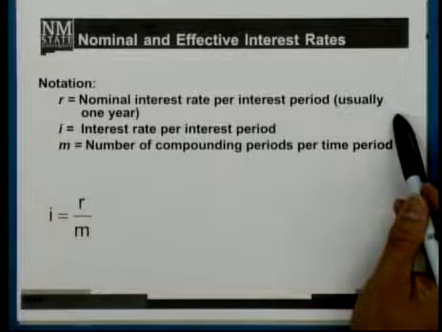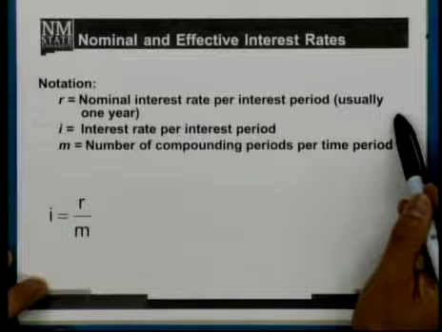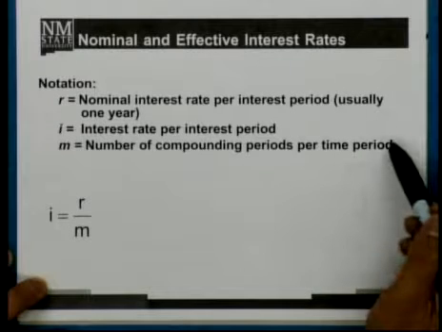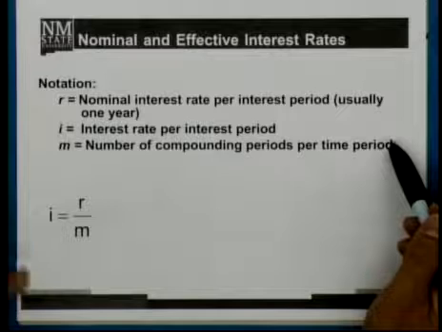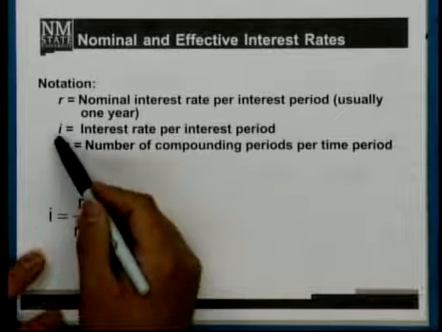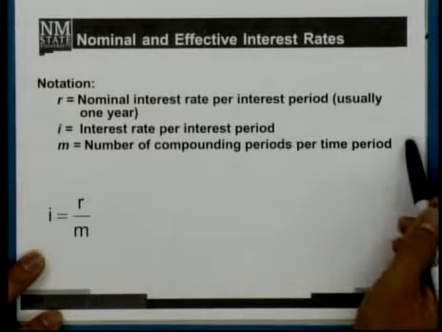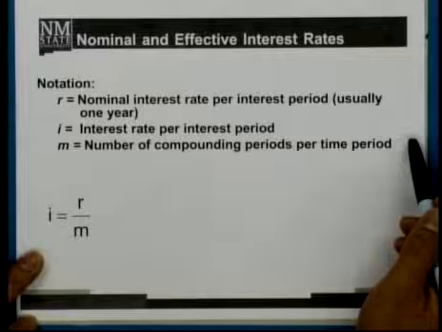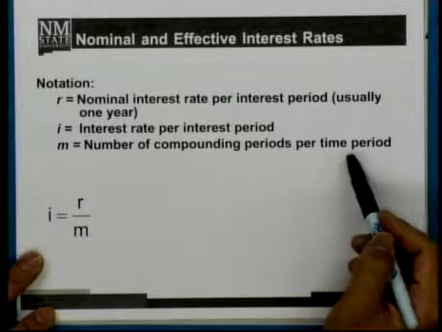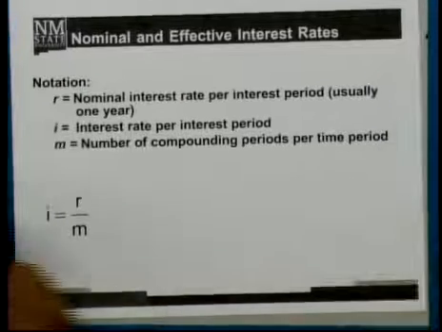In each compounding period, the interest is compounded, which means that it is computed and then added to the total amount of money deposited or owed. Here, small i is the interest rate per compounding period. And small m is the number of compounding periods per year. Okay?